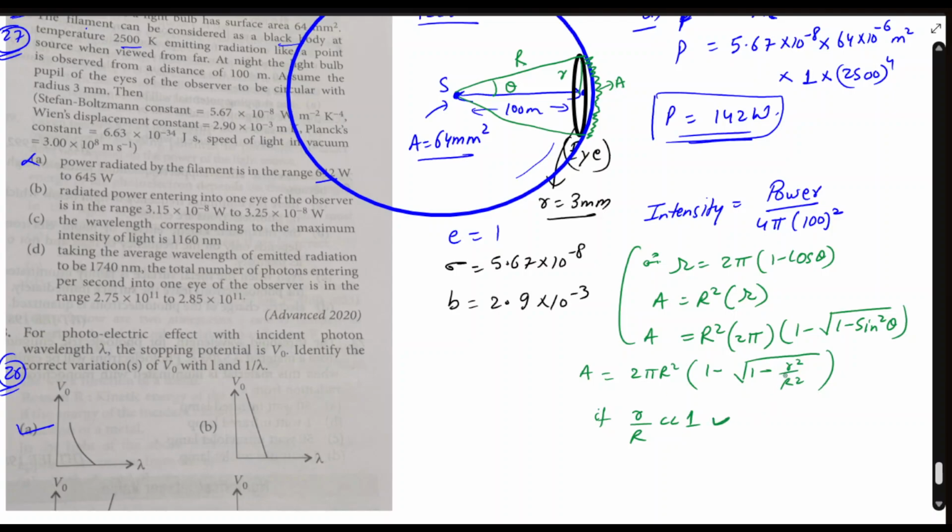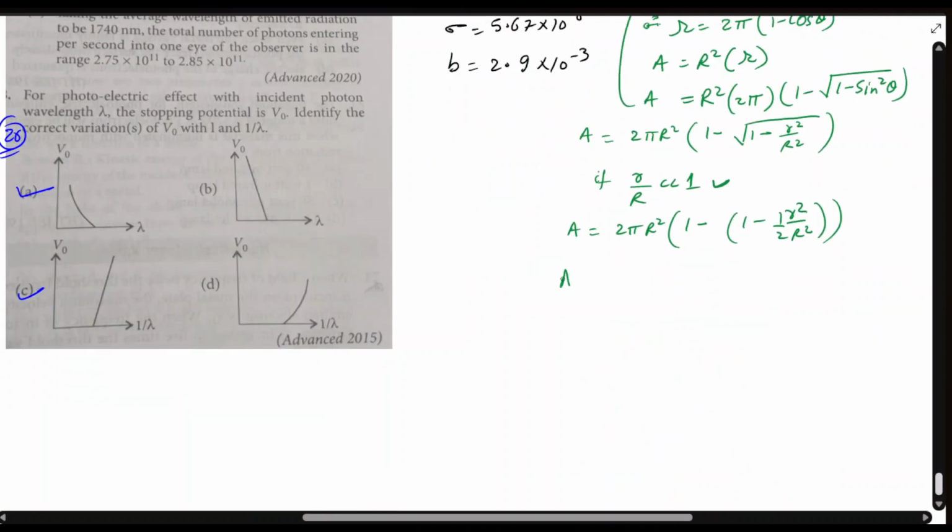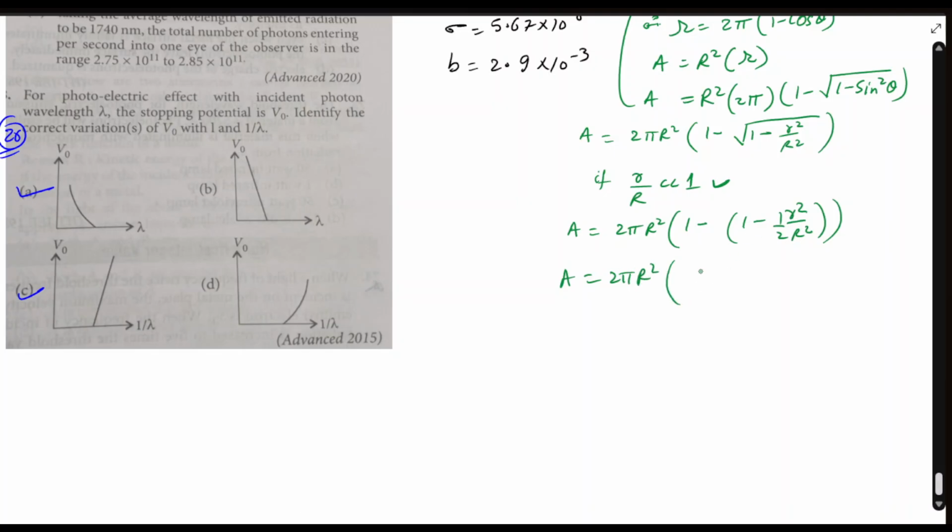So we can use this binomial expression and we get area as 2 pi capital R square into 1 minus r square by capital R square into 1 by 2, right? So if you solve, we'll get 2 pi capital R square and 1 minus 1, this will be plus, so it will be 1 by 2 small r square by capital R square.